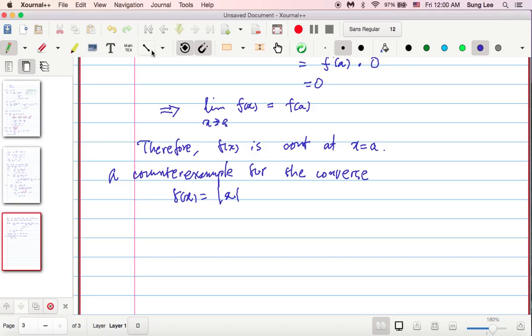So in this case, I'm going to draw two axes. Okay, so that's the x-axis, y-axis, and 0, and the graph is going to be going like that, right?